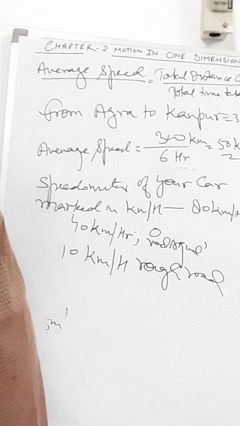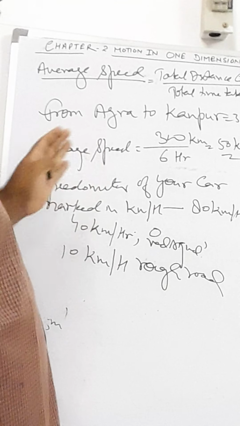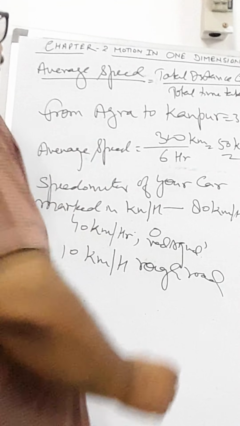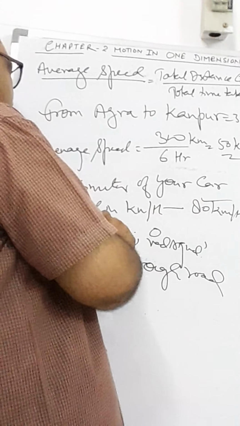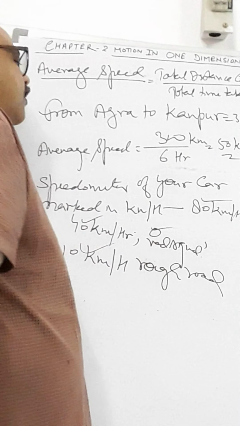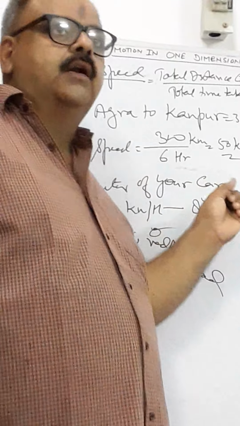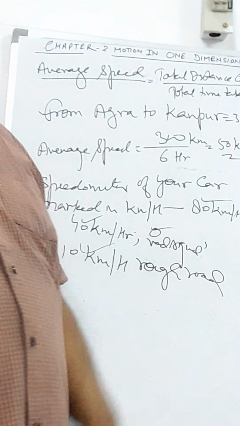All these times were added. Time is continuously increasing. So total distance travelled upon total time taken is the average speed of that vehicle.